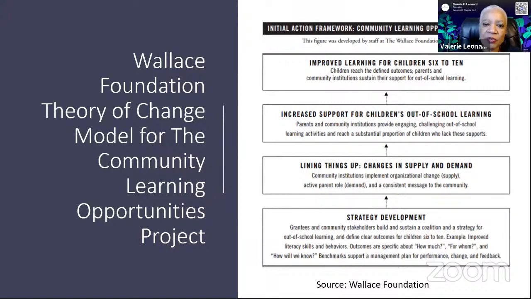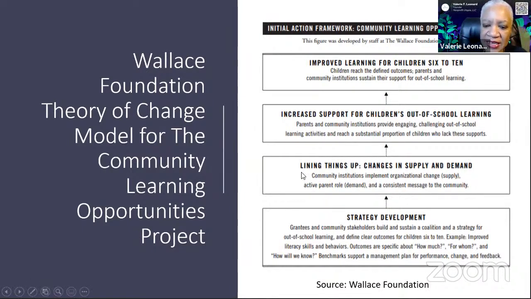So again, here we have the basis of an evidence-based program. They start with a framework that's going to demand that they create change that can be measured, and it's very, very specific.